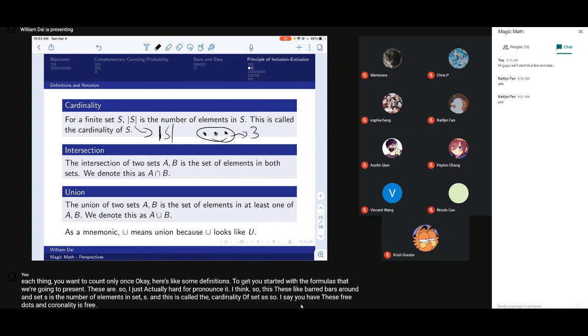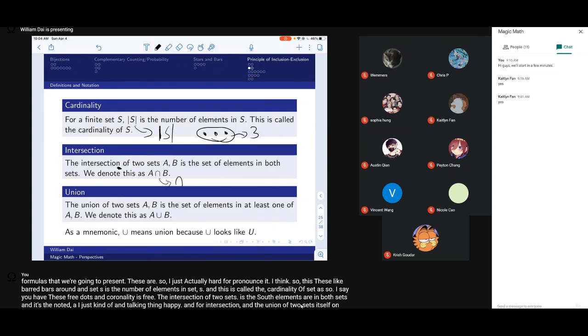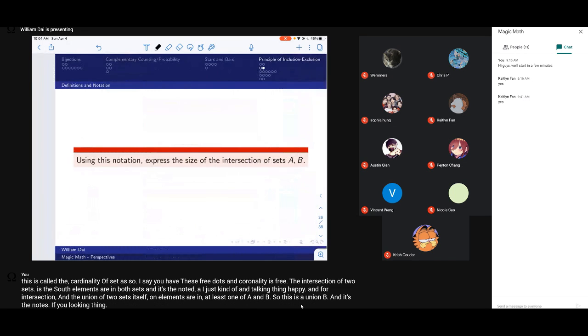The intersection of 2 sets is the set of elements that are in both sets, and it's denoted with this N-looking thing, A intersection B. And the union of 2 sets is the set of elements that are in at least one of A and B. So this is A union B, and it's denoted with this U-looking thing.